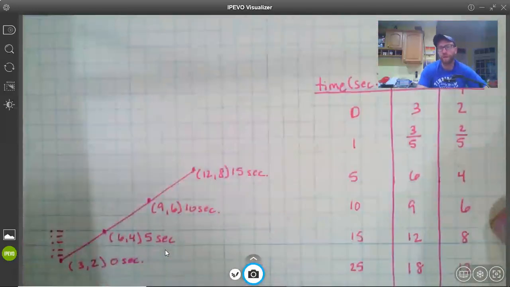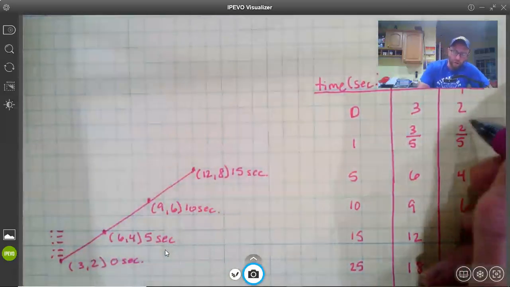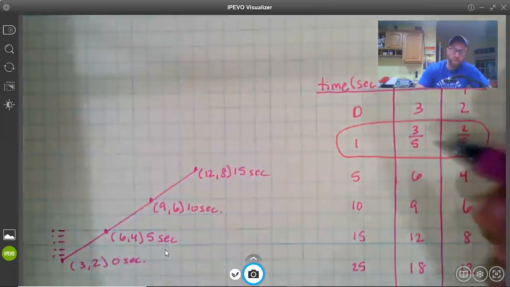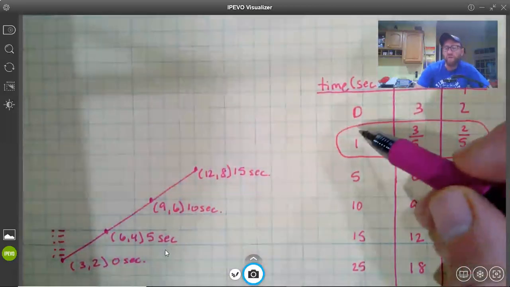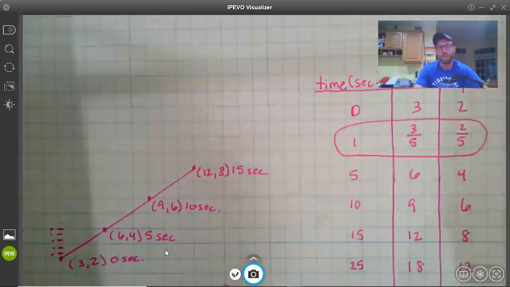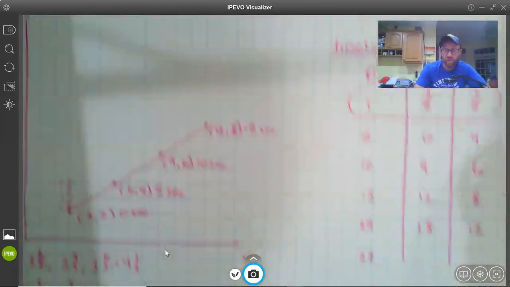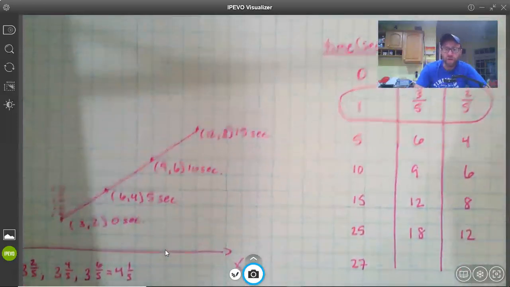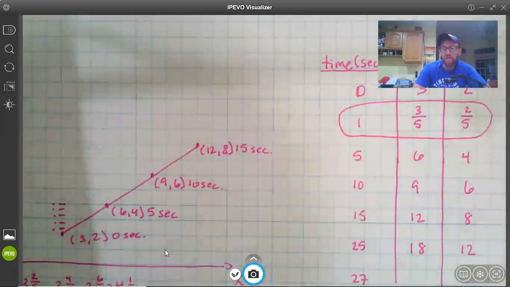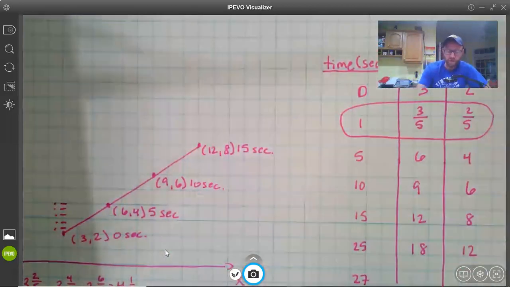All right. So now that we know how far the bug moves in the x direction and the y direction every 1 second, now it's pretty easy to figure out what it's going to be for any number of seconds, such as a weird number like 27, because it's just going to be 3 plus whatever this is, times 27.